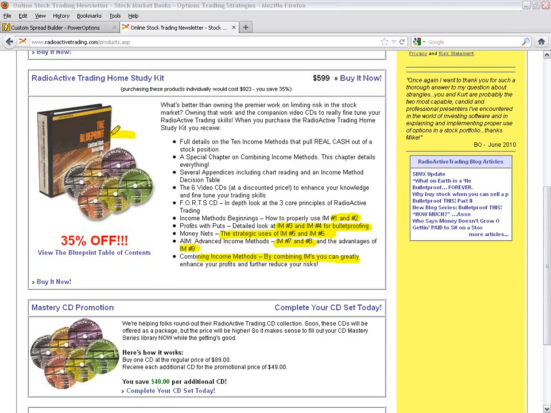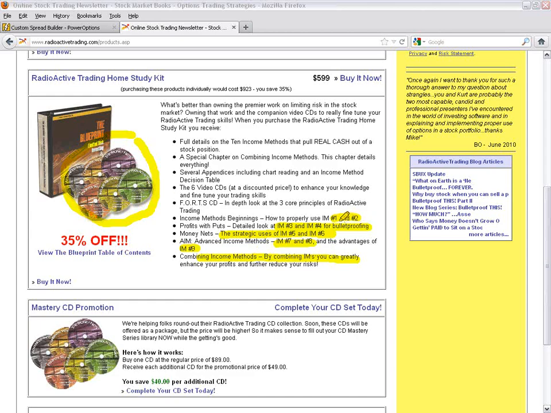Now, you can apply the radioactive trading techniques with just the blueprint. Everything you need to trade it is in the blueprint itself. The advantage of the radioactive home study kit is that if you learn a little better by watching video presentation webinars, where you can see the slides and the images in front of you, that's what helps you.